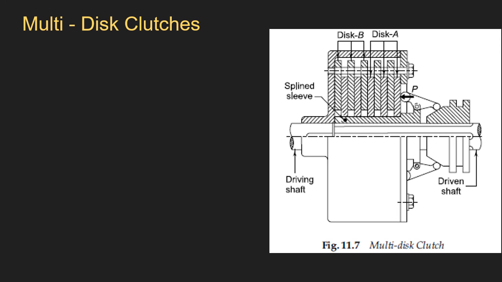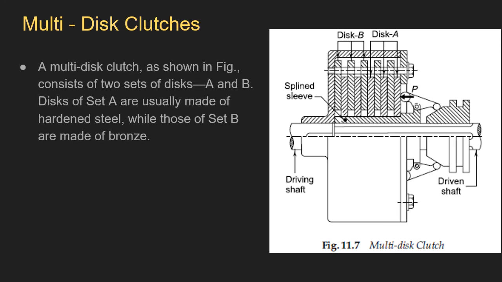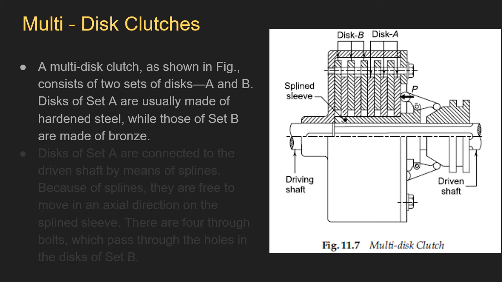And there are four bolts also. Now this is a sectional view. You have a bolt one here, and along the circumference you will have four such bolts, and the bolts, you can see, pass through the holes in disc B. All right. So let's go through the material here.